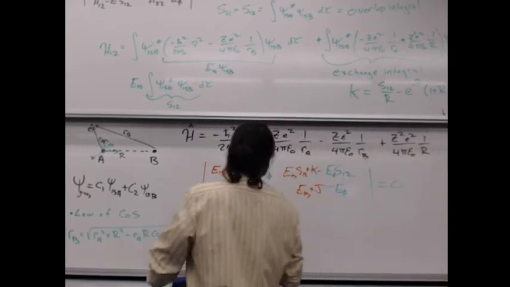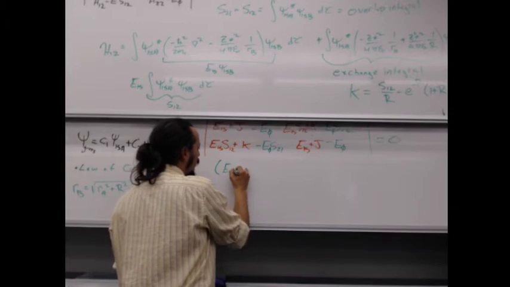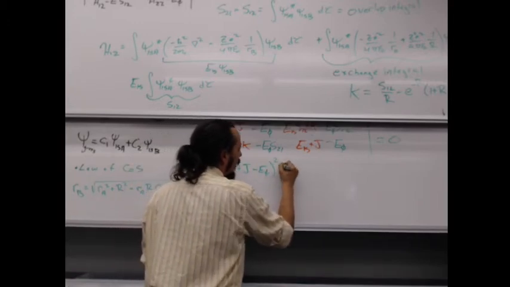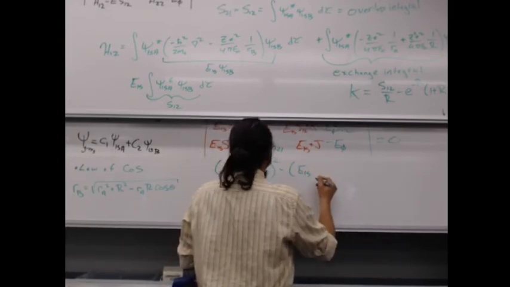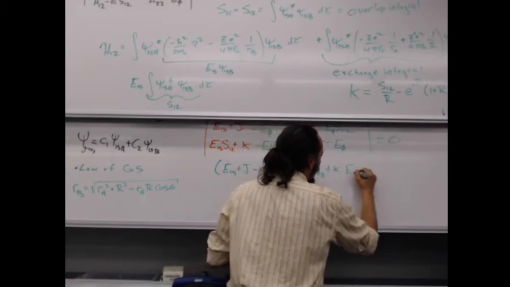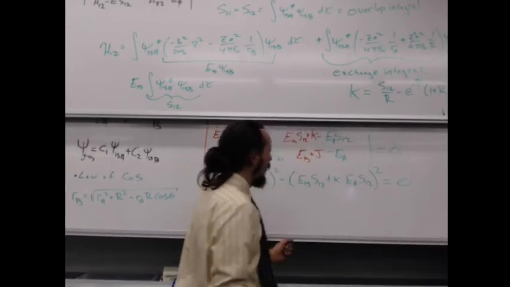So if I do my crossing, I'm going to have E1s plus J minus E phi, squared, minus E1s S12 plus K, E phi S12, squared equals 0.